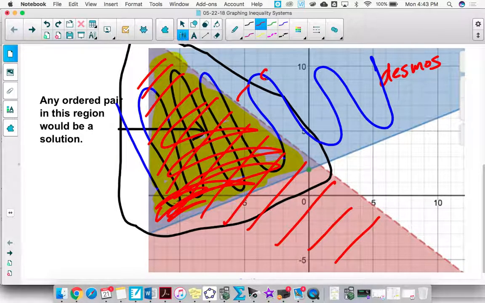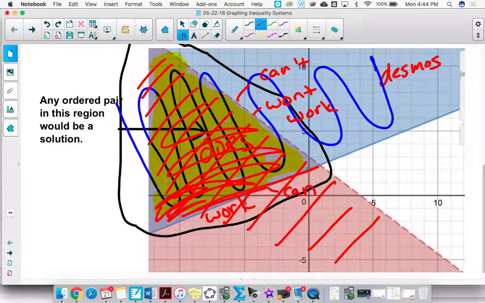They can't be on the dashed line, but they can be on the solid line. So any points on the solid line within this region, these would all work. Anything on the dashed line won't work. Anything in the colored region does work. So those are all ordered pairs that would make these inequalities true.